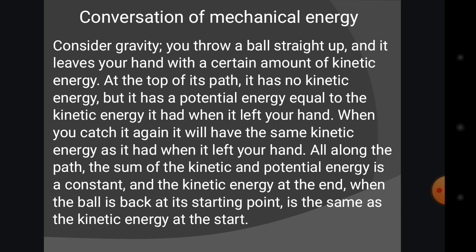When you catch it again, it comes back to your hand, and it will have the same kinetic energy. The kinetic energy it had when you threw it will be the same as the kinetic energy when it returns to your hand. So all along the path, the sum of the kinetic energy and the potential energy is constant.